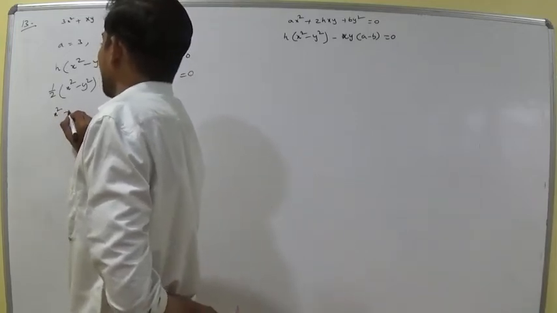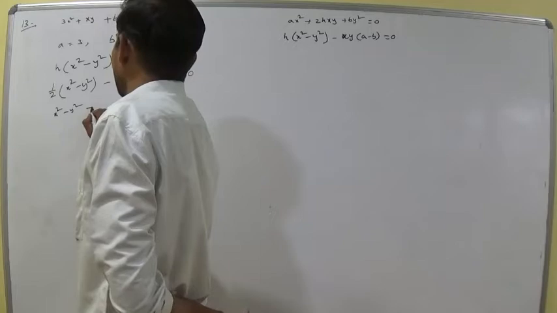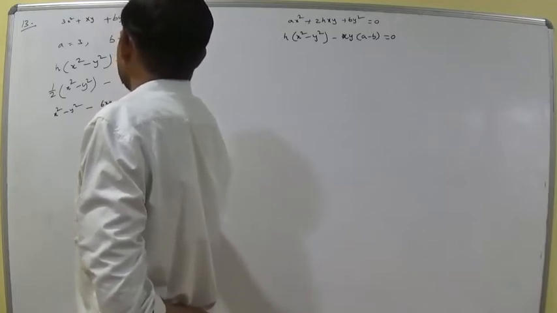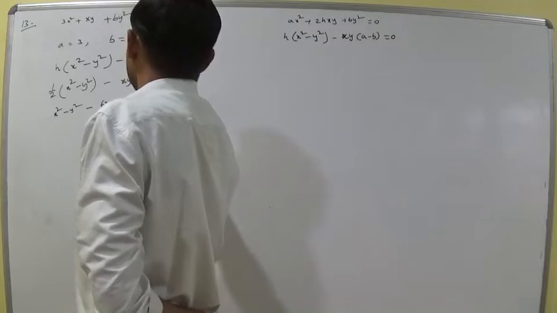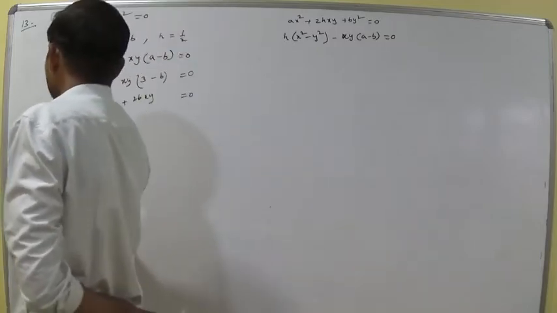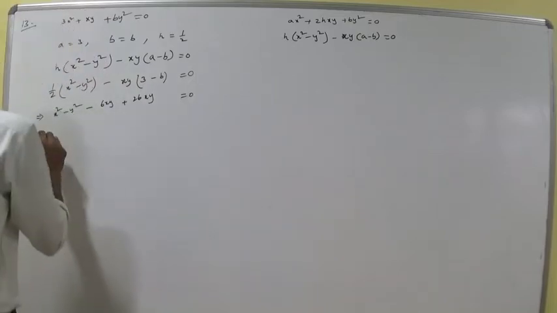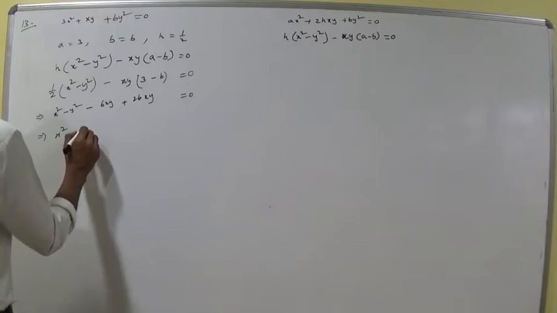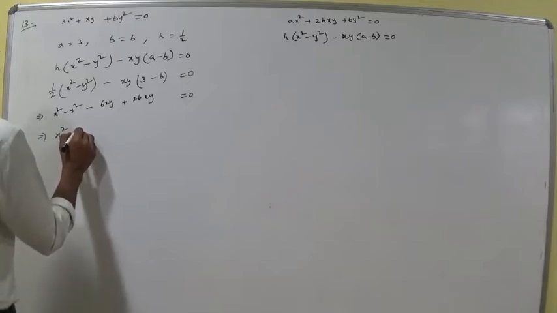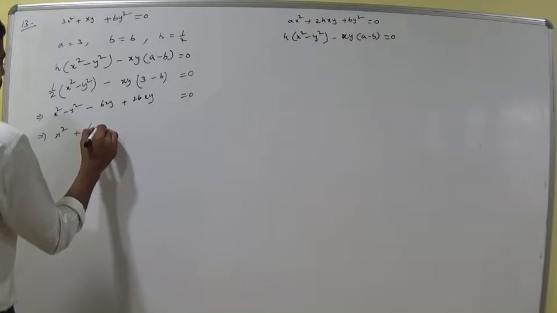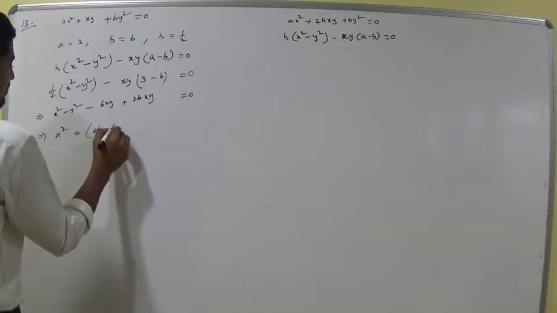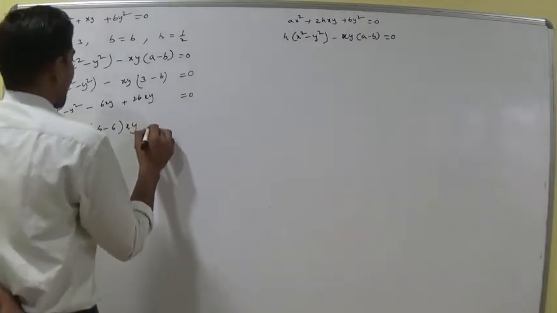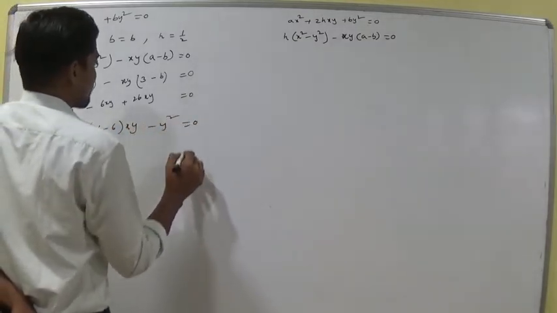So x square minus y square minus 6xy plus 2bxy equal to 0. That is, x square plus 2b minus 6 into xy minus y square equal to 0.